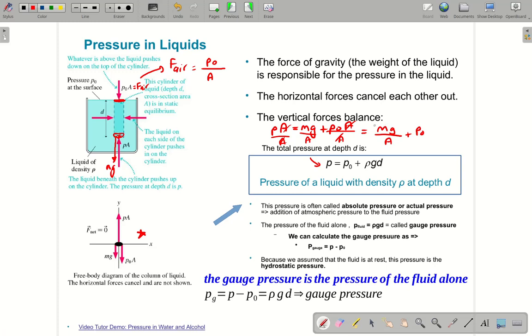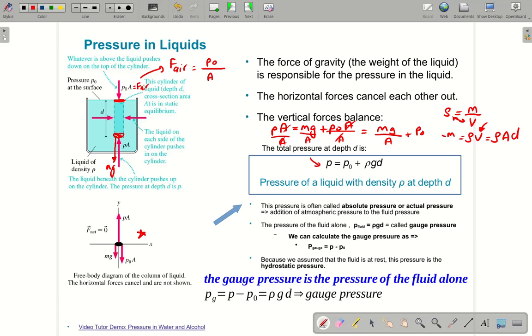How does that happen? We learned that the density is equal to mass divided by the volume. So mass can be replaced by density times the volume. And volume would be area times the height of this column we're talking about. The bottom area times the height is the volume of a cylinder.